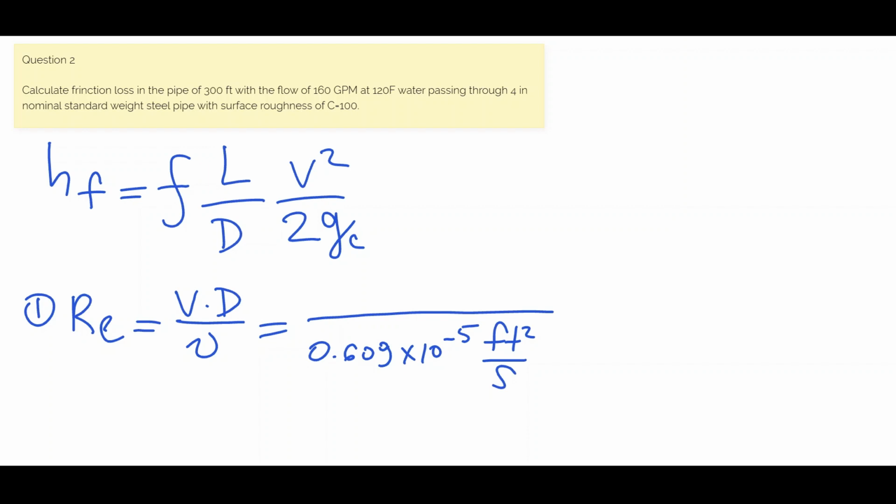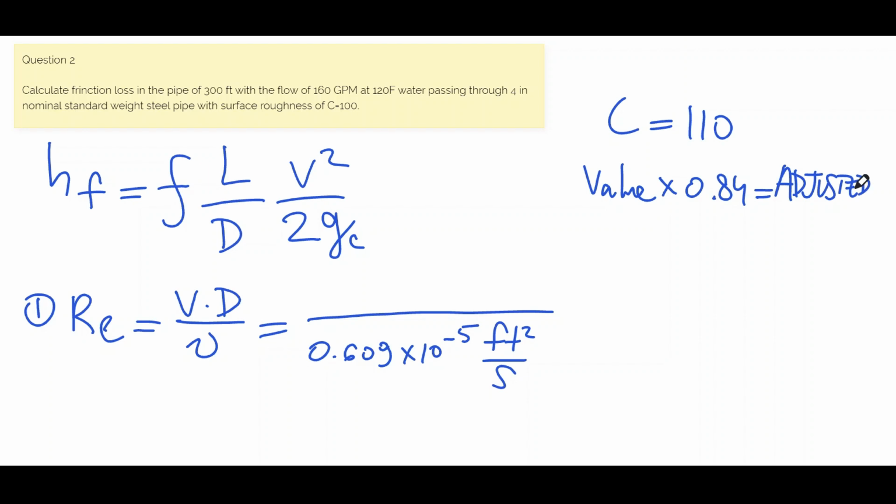For example, if C was equal to 110, you would have to multiply the value in the table by a factor of 0.84 to get the adjusted value. But since this problem gives you C equals 100, you don't have to do anything. You can just interpret it from the table.